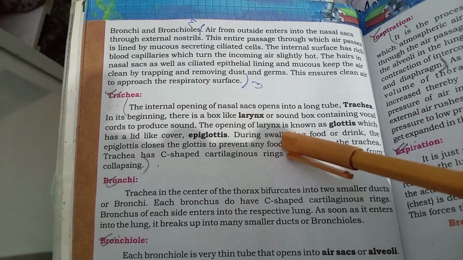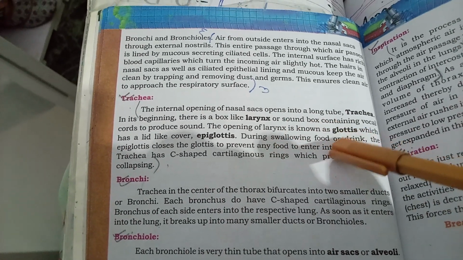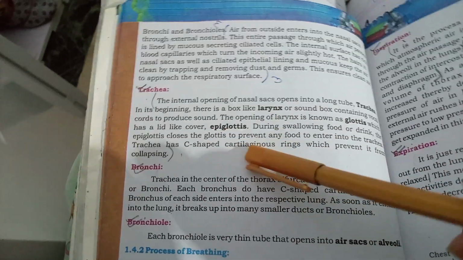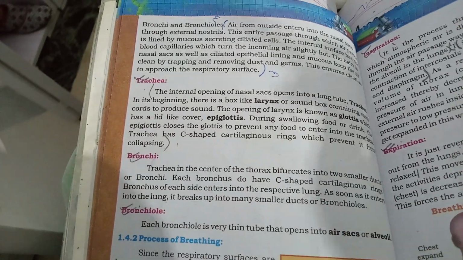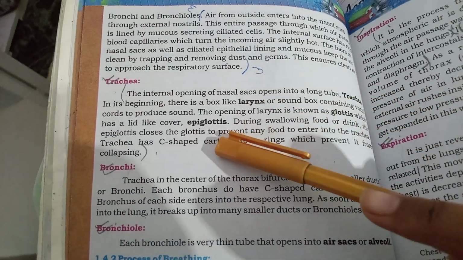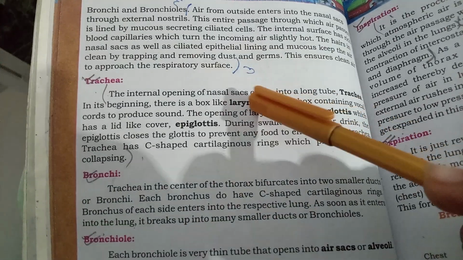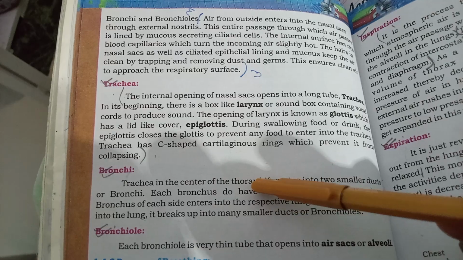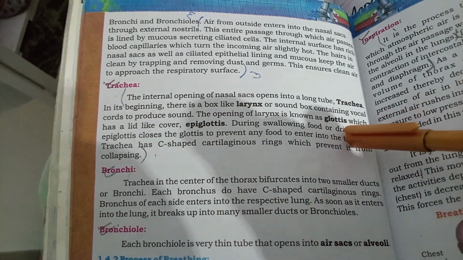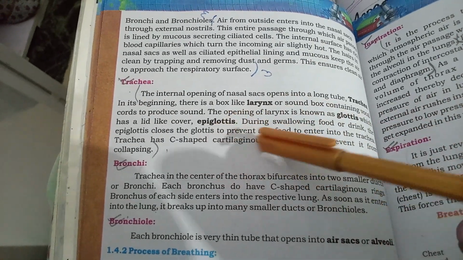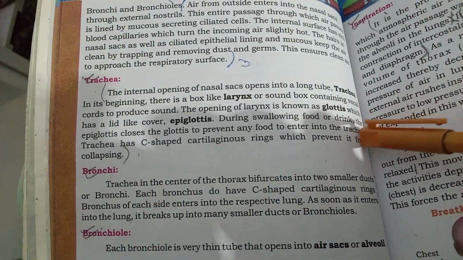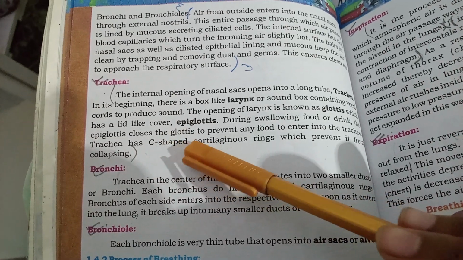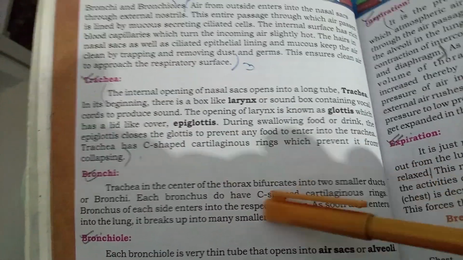The opening of larynx is known as glottis, which has a lid-like cover known as epiglottis. During swallowing food or drink, the epiglottis closes the glottis to prevent any food from entering the trachea.